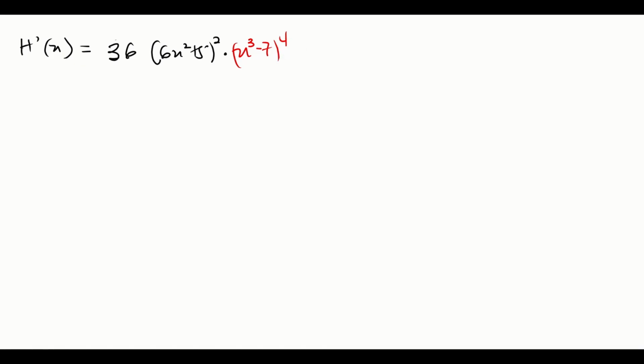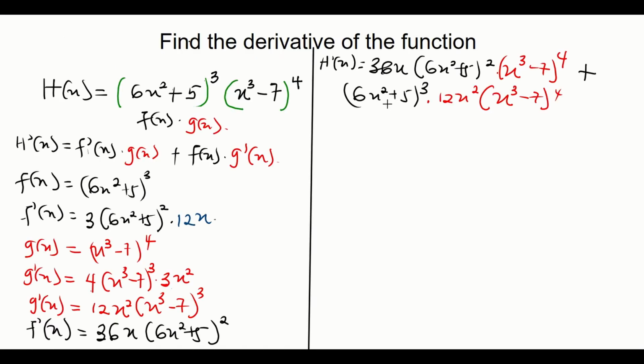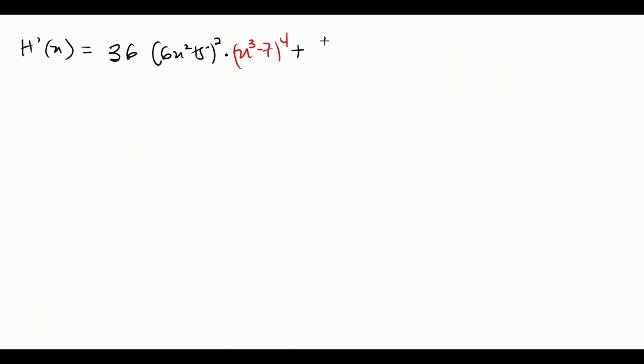Alright, and we are now adding all of that to our f of x, which is everything that is here, into bracket 6x squared plus 5, all to the power 3, multiplying my g prime of x.